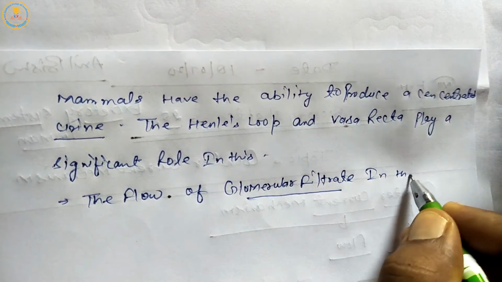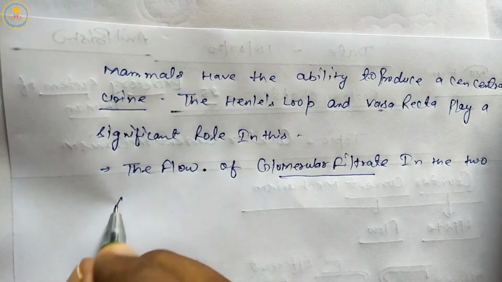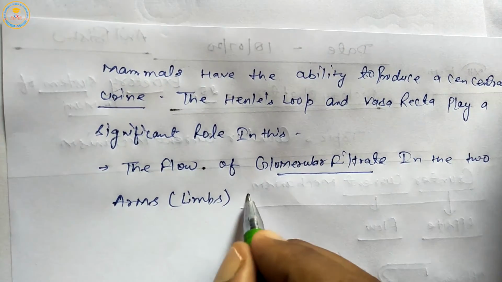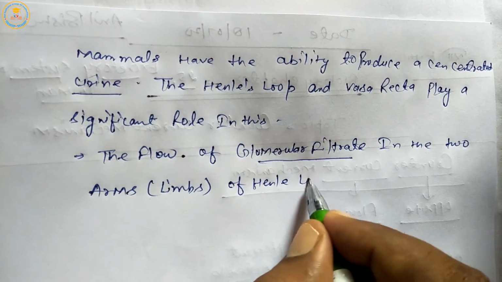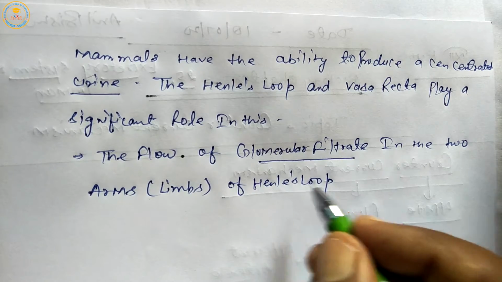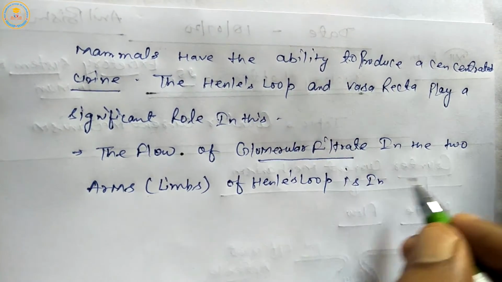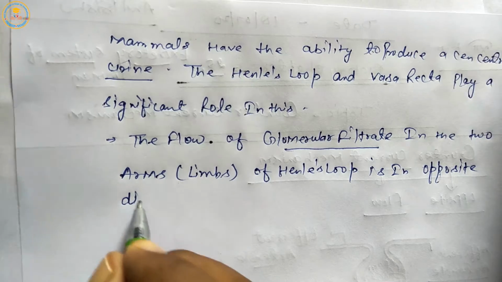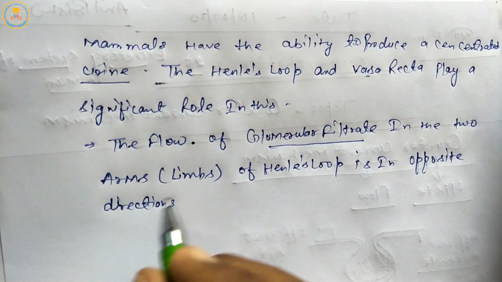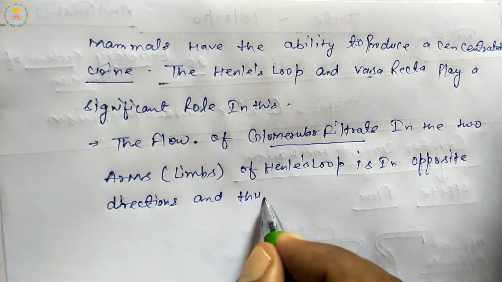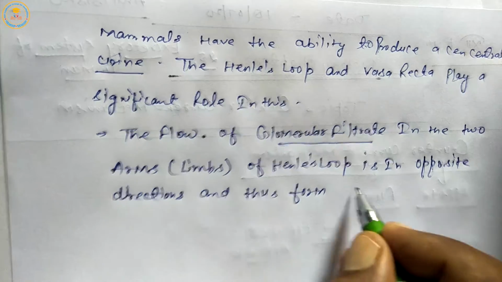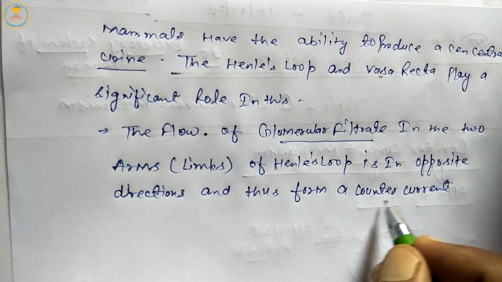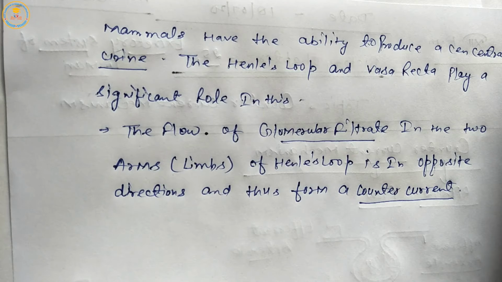The flow in the two arms or two limbs of Henle's loop is in opposite direction, and thus forms a counter current.